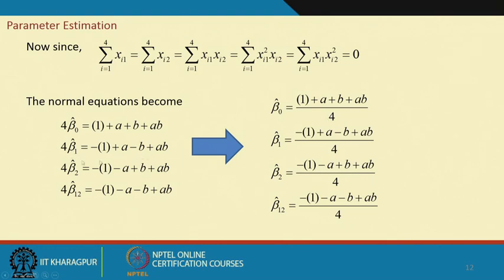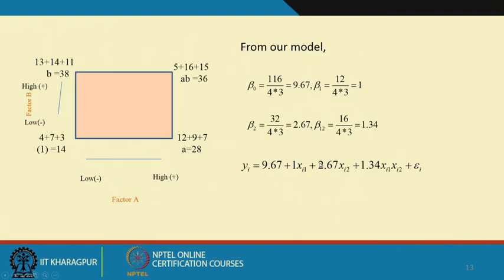Similarly, 4 beta 1 will be this, 4 beta 2 will be this, 4 beta 1 2 will be this, and you will get beta 1, beta 2 like this. These are the estimates. Okay. Once you get these beta values, you will see that the beta values are nothing but A by 2. Beta 1 is A by 2, beta 2 is B by 2, beta 1 2 will be AB by 2, the effect parameters that you estimated in the fixed effect model.